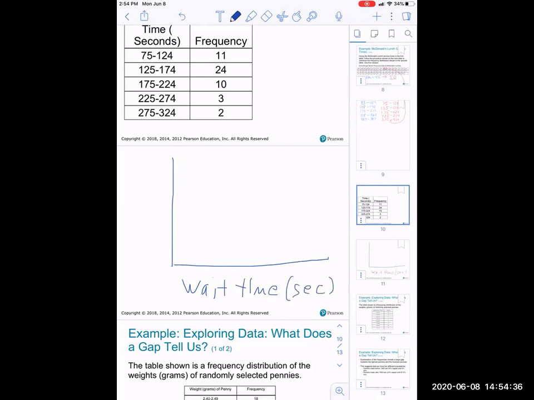Notice how I labeled those. Over here is frequency. I'm labeling that. I did not give myself enough room down here. I'll go smaller. Okay, now my frequency, notice that I have 24 I have to capture, so I'm going to scale this by tens.